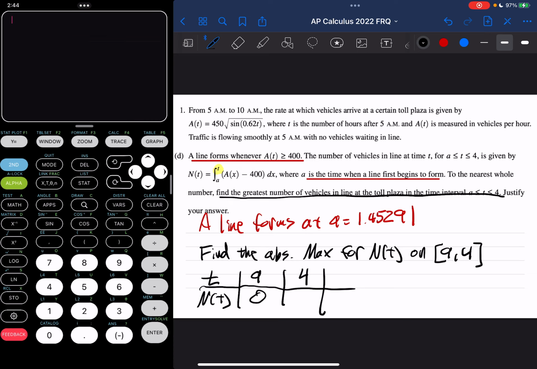Now since we already have A of t saved in y1, I can just go ahead and calculate this integral from 1.45291 to 4 of y1 minus 400. And then we have 63.325.